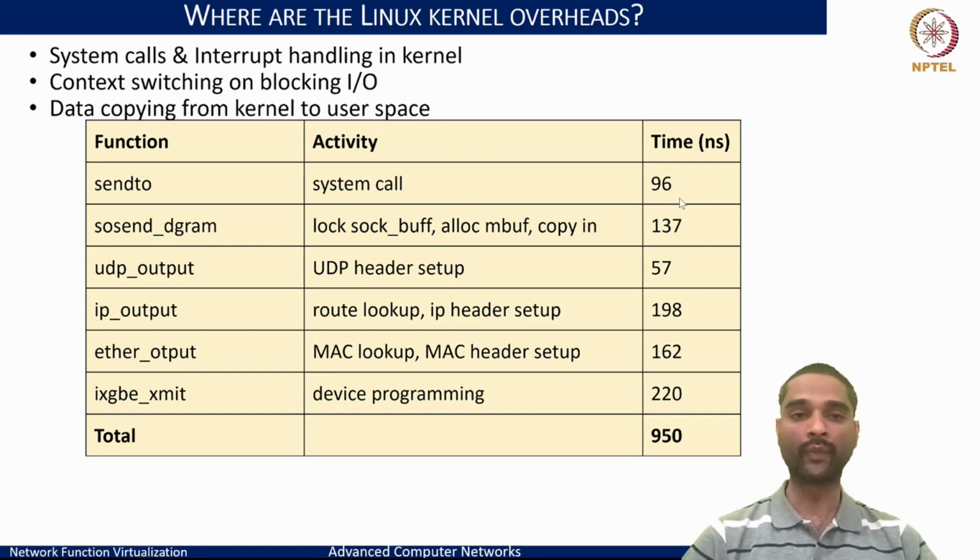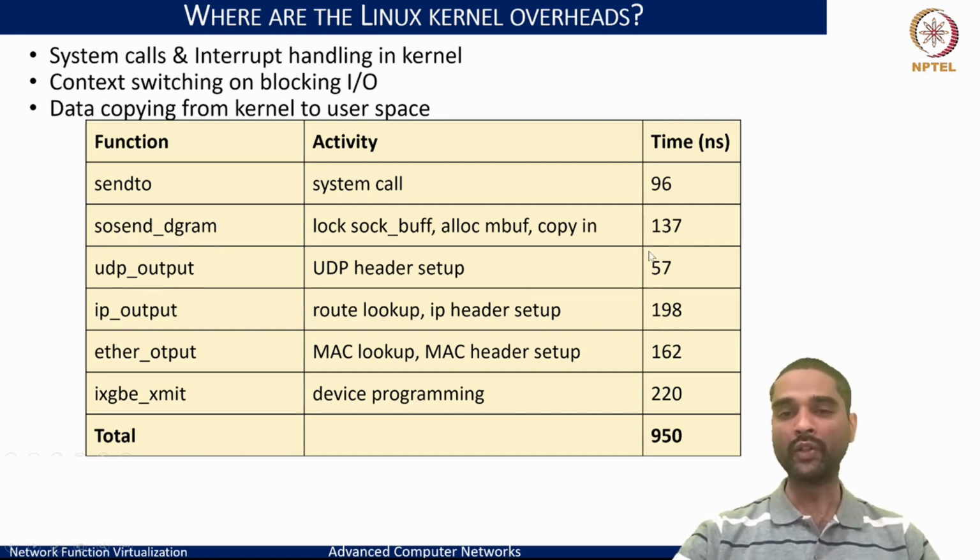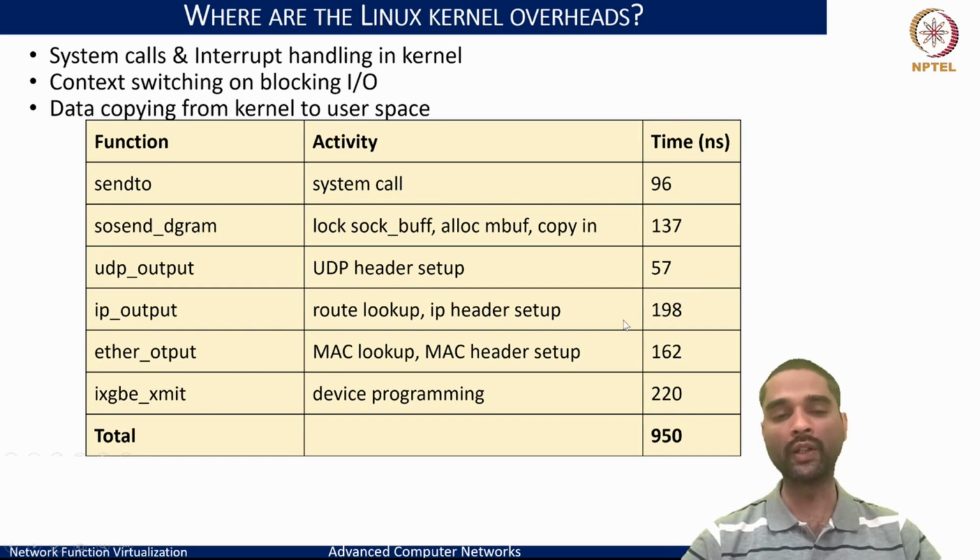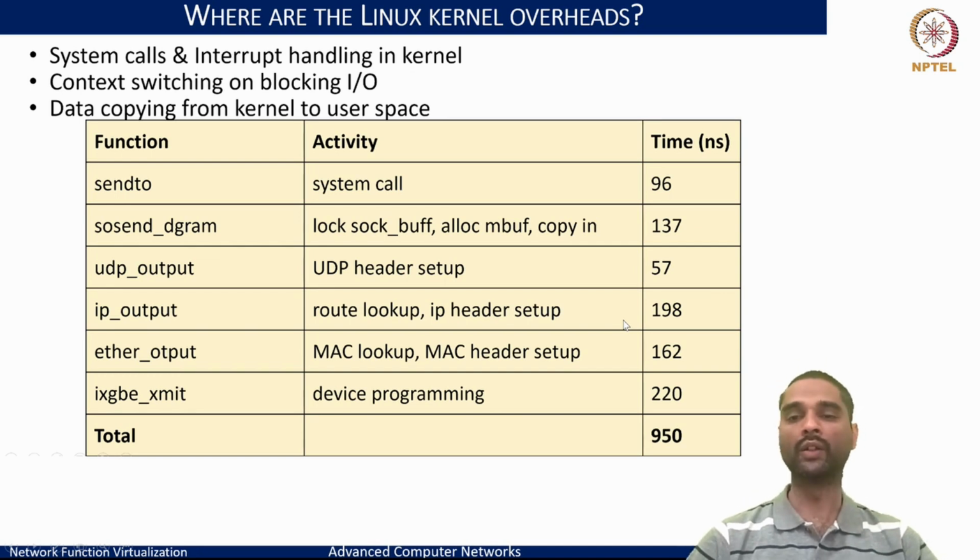10 Gbps link. And as it goes further into the network stack of the TCP that starts from the sock_send_datagram and then UDP out, where UDP header processing and allocation of the mbuf in the socket buffer, and then eventually processing where the route lookup happens at layer 3, where to send the data, which interface to send the data out, and then the layer 2 processing with a MAC lookup and MAC header setup.